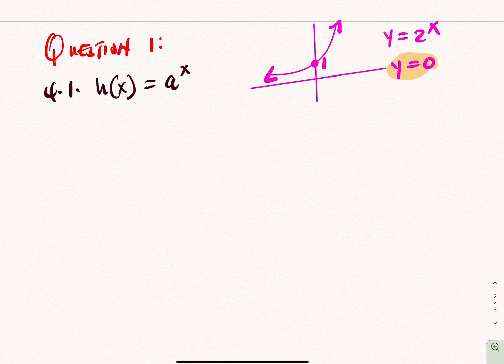But say maybe they give you h of x equals 2 to the power x plus q. So this q is the one which we are saying is the asymptote. But this time around, it's plus 0. So this graph is basically defined above the line y equals 0. So that is your asymptote.